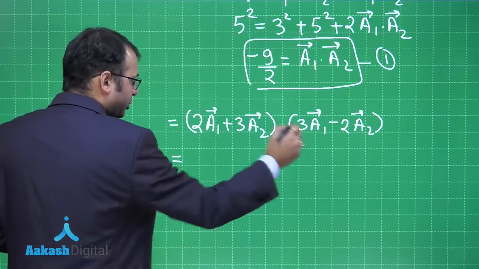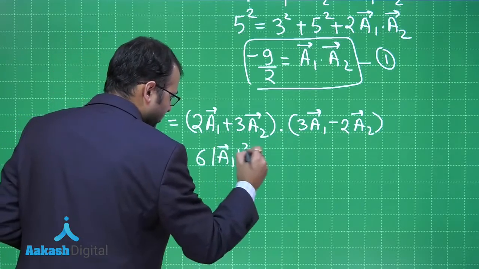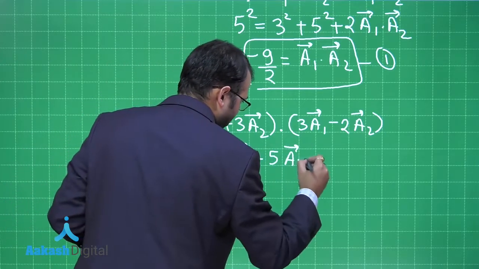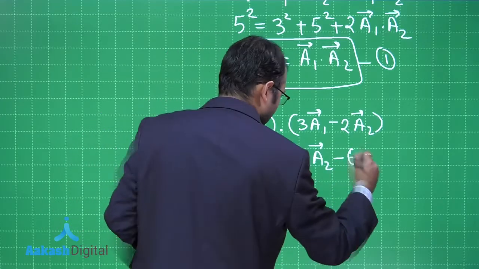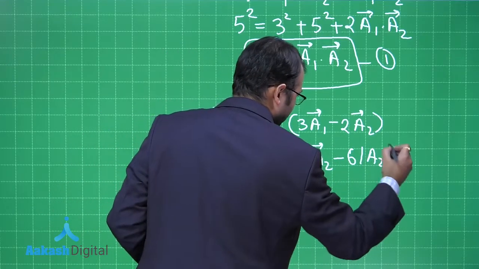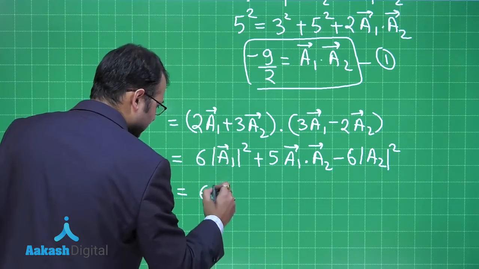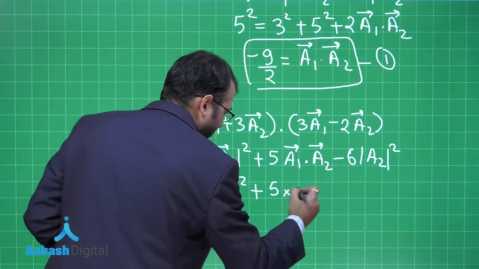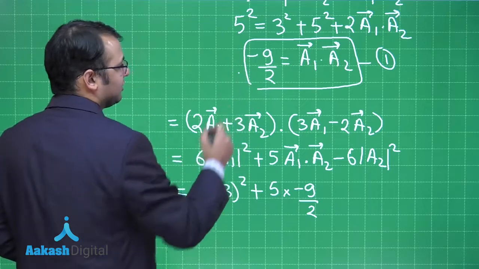So 2 into 3, that would be 6 into magnitude of A1 square plus 5 A1 dot A2 minus 6 mod of A2 square. Now this is 6 into 3 square plus 5 into minus 9 by 2, because this A1 dot A2 is given here, right?